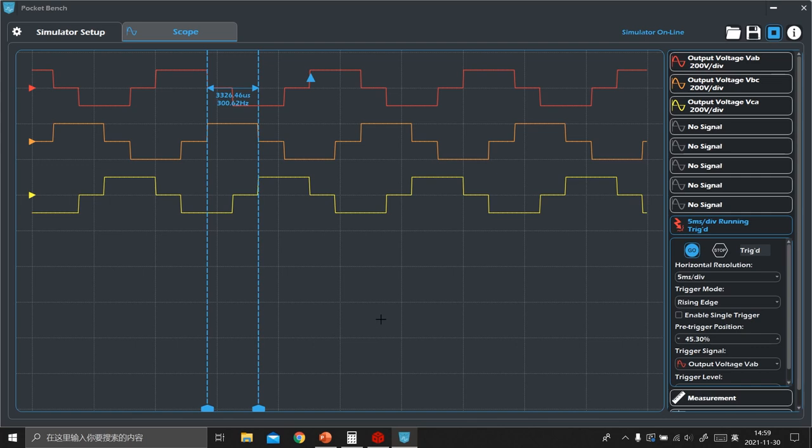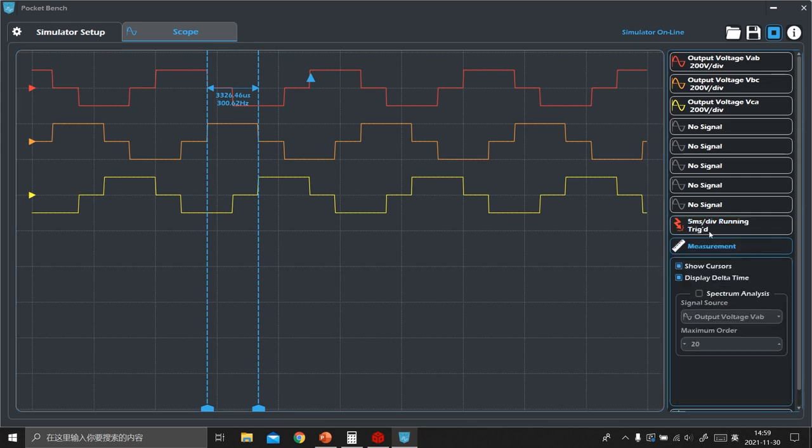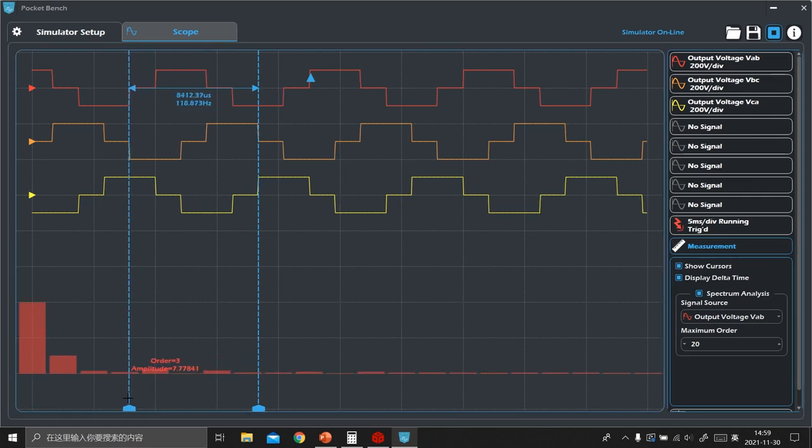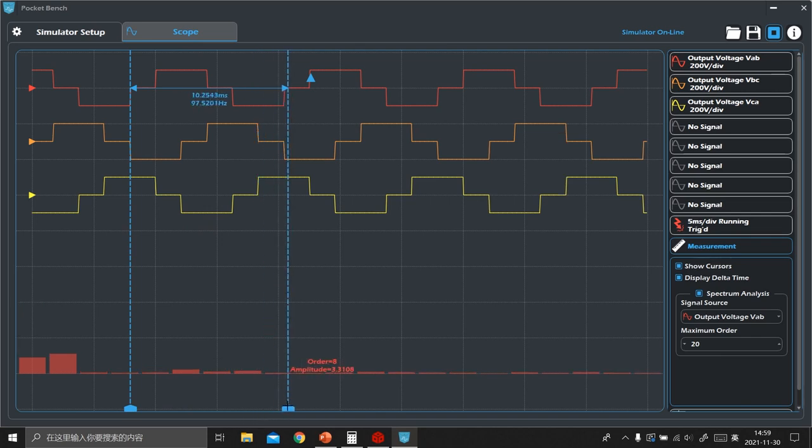Okay, next let's check the spectrum. So enable the spectrum analysis and move the cursor to measure a whole period. The red bar chart is the spectrum for the output voltage VAB.